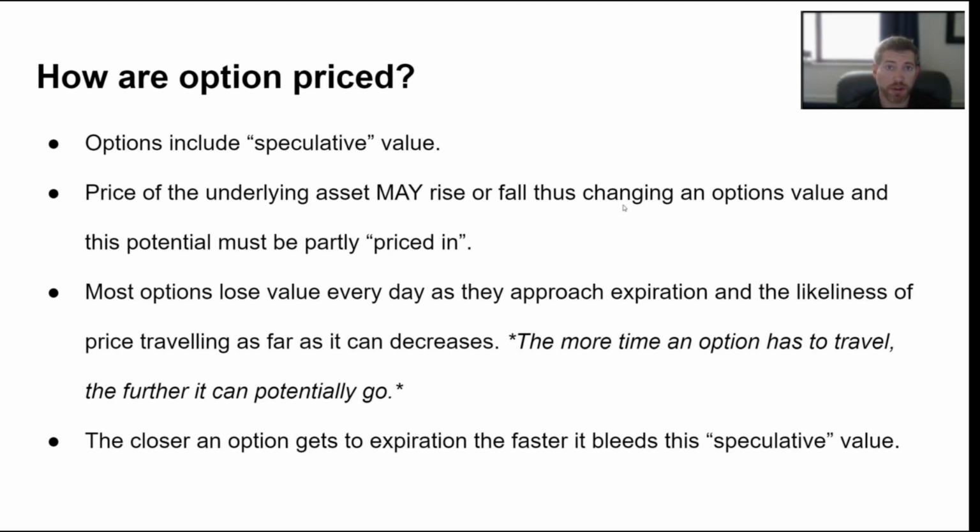Maybe in 3 years it could do it, but in the next 5 days, it's going to be a little harder. So the more time an option has to travel, the further it could potentially go, and that has to be priced in to the value of the option. It's speculative value. And the closer an option gets to the expiration, that speculative value comes out. It's priced out of the option quicker and quicker.